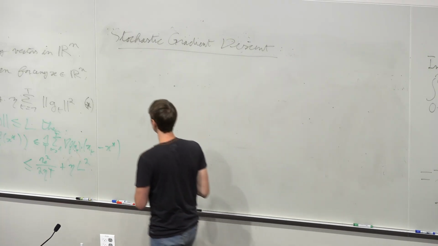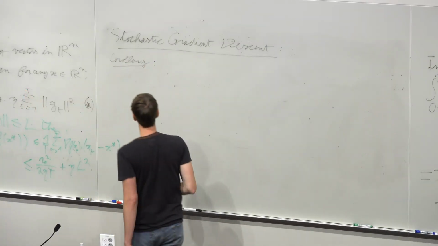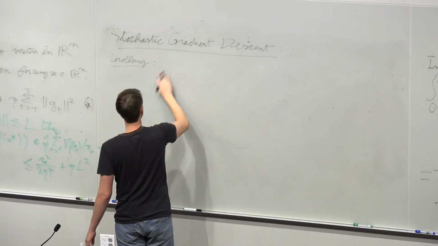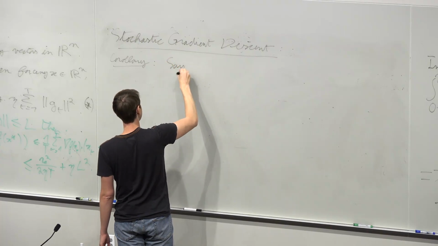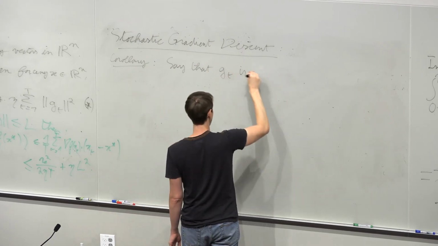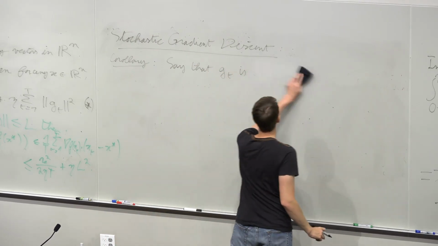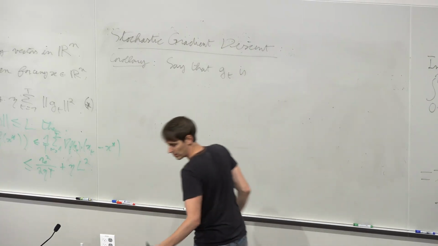So here is the theorem, or let's call it rather a corollary, again, of this theorem. So say that g_t is a random variable.